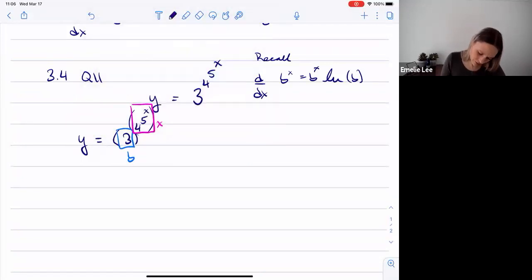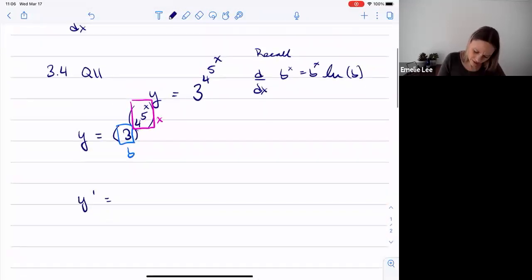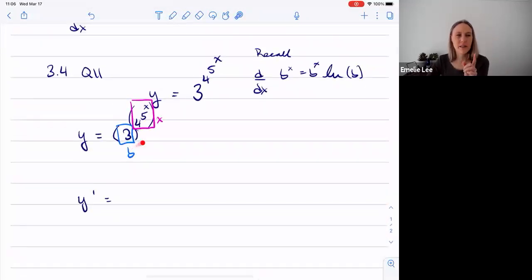So if we do y prime, if we treat this as our b and this as our x, then of course it just becomes itself, and then it's the log of 3, right, because that's our b. But then we keep going, we've broken it down, so then we need to multiply by the derivative of the inside, right? So that's the derivative of the outside, and then we multiply by the derivative of the inside.